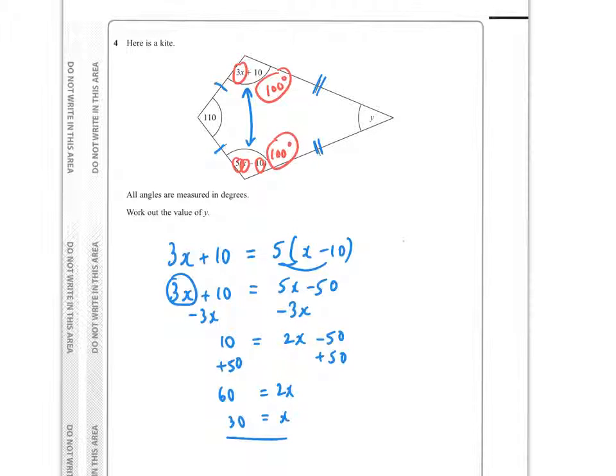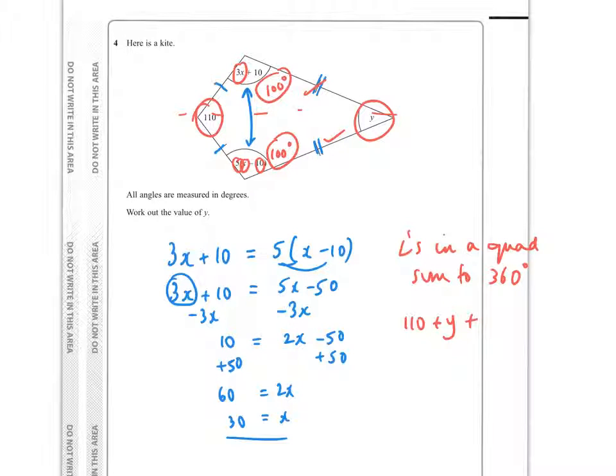And then we know that angles in a quad sum to 360 because it's two triangles worth, triangle 1 and triangle 2. So we know that 110 plus y, which is this angle plus this one, plus the two lots of the 100 that we've already found, that must make 360.